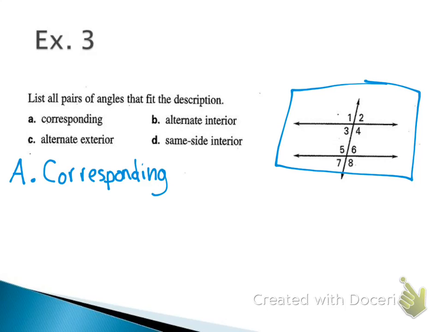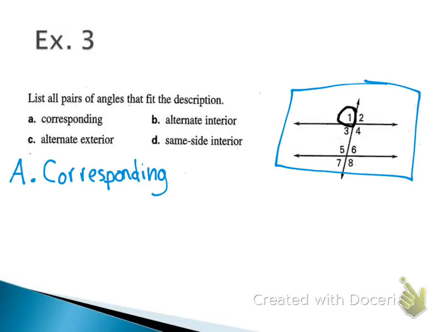And I'll give you a hint. There are 4 sets of corresponding angles. You said 4? Mm-hmm. 4 sets. 1 goes with 3. Not 3. 2, 4, 5. 5.